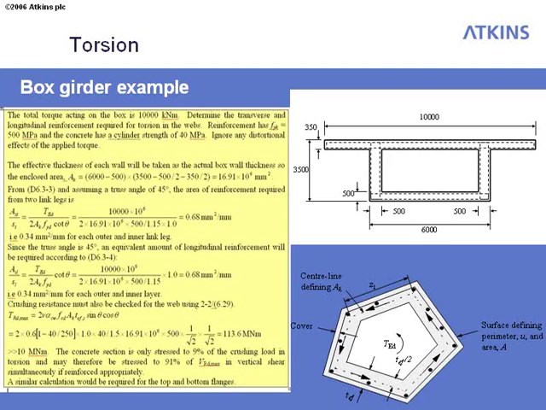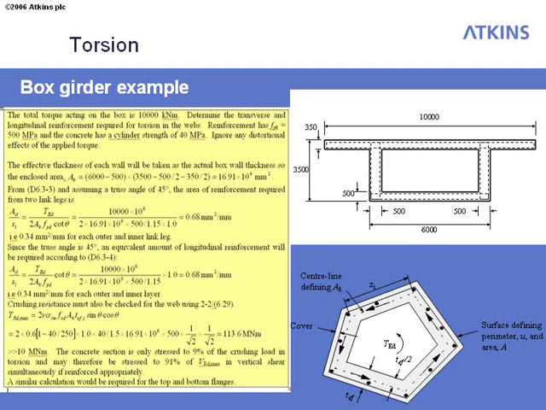The last thing we need to do is check that the concrete outline itself is okay to carry 10 meganewton meters. So we use the equation for TRD max. Again, the effective wall thickness is the full thickness of 500 millimeters, we've already got the enclosed area, and theta again we need to choose as 45 degrees for compatibility. When we do that, TRD max comes out as 114 meganewton meters.